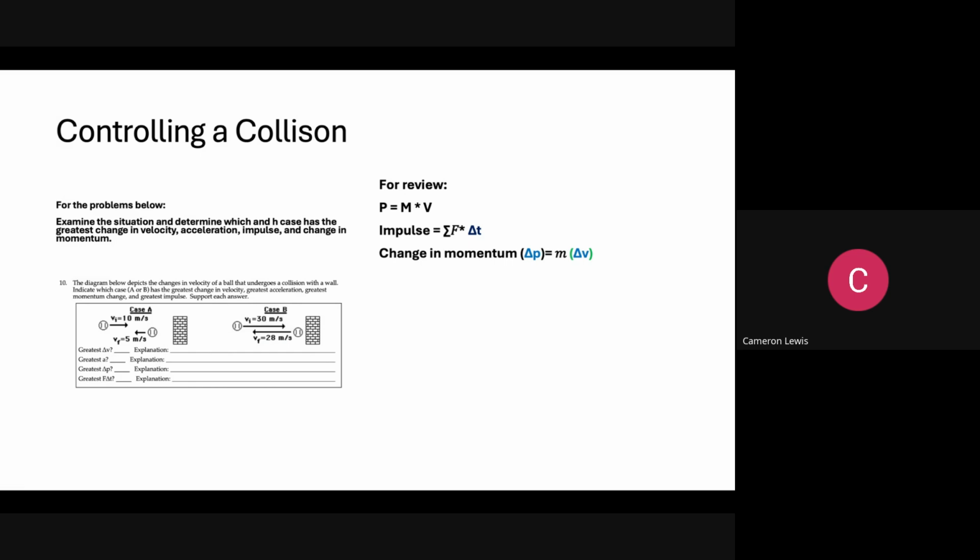Which one has the greatest change of velocity, A or B? It seems like B. What is change of velocity again?